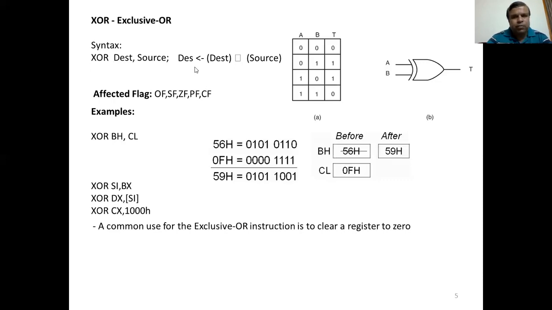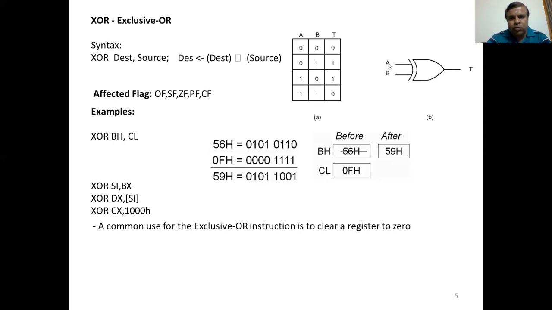Otherwise, the bit is cleared. So the result of each bit follows the truth table of a two-input exclusive OR gate.